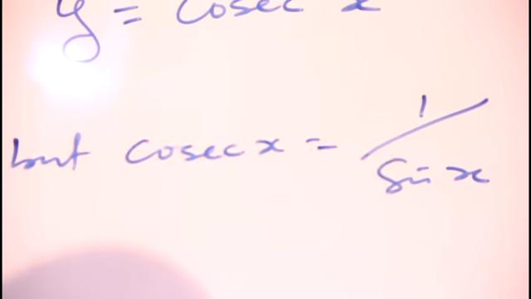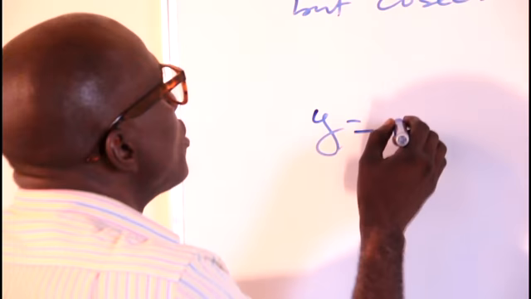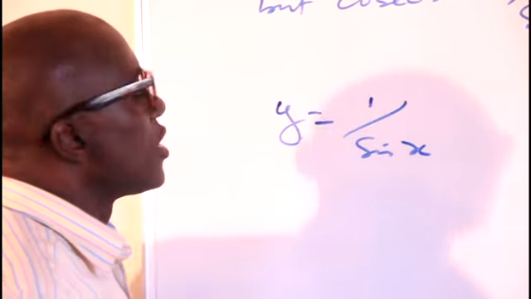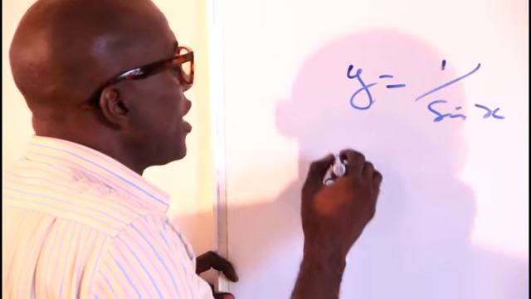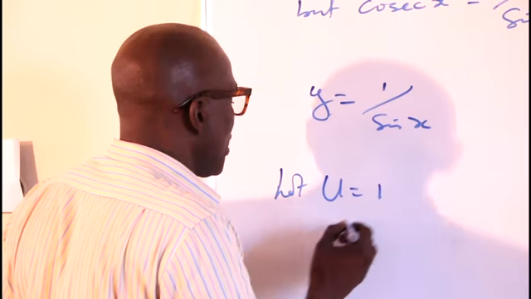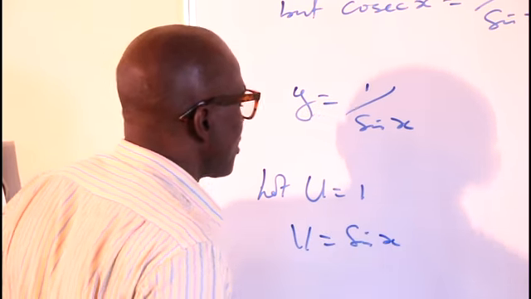With that, when you substitute it, y will be equal to 1 over sine x. Then in finding the derivative of the function y, we say let u be equal to 1 and v be equal to sine x.